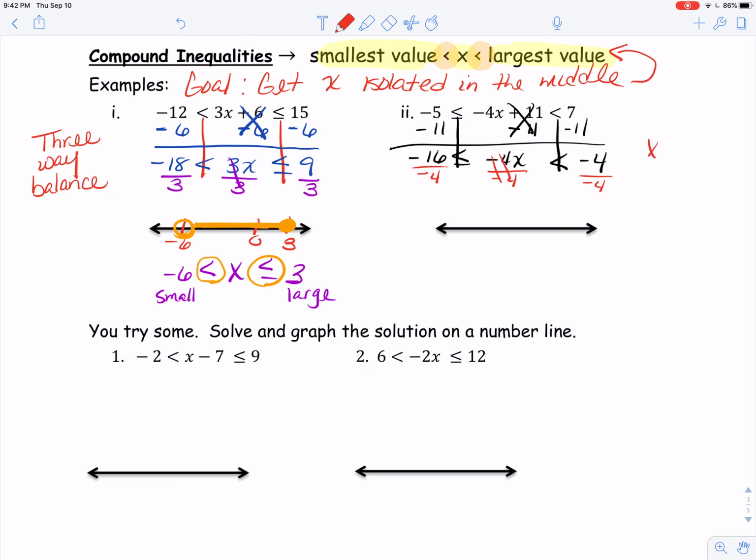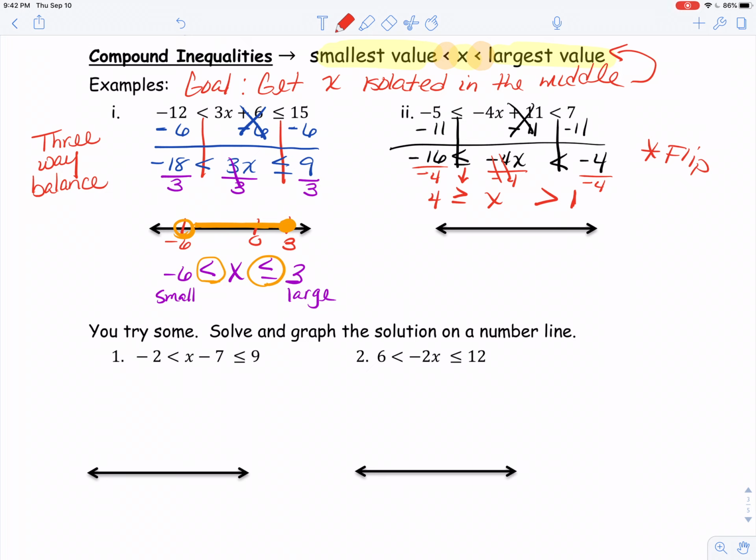So now we've got a flip. We've got 4, not less than or equal to, but now greater than or equal to x greater than 1. We had to flip because we were dividing by a negative number. Okay, so now we've got it backwards.